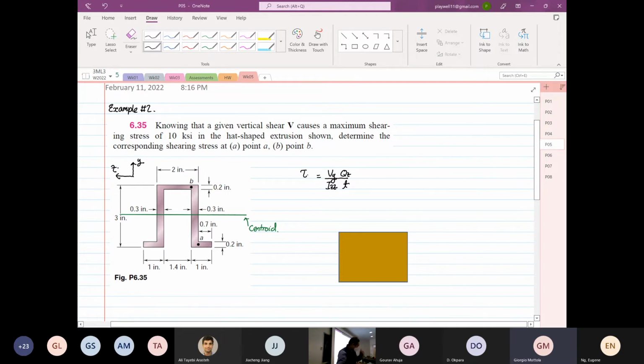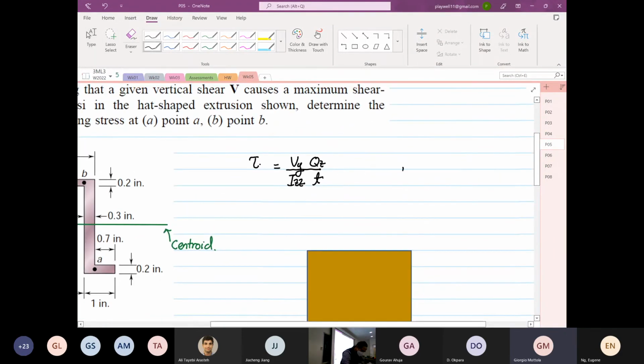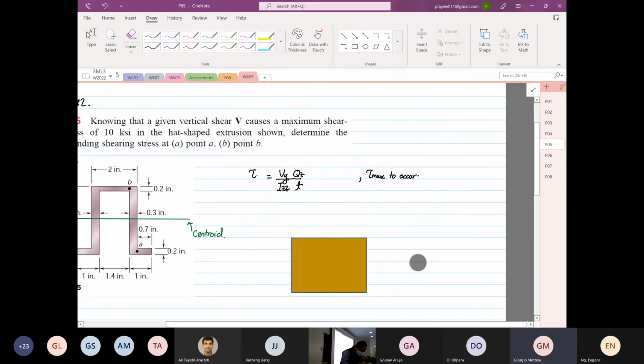Let's look at this equation. For tau max to occur, we know that Vy over Izz is constant.